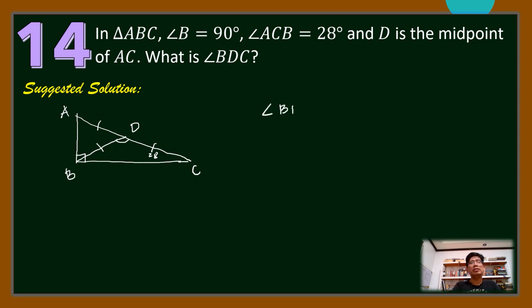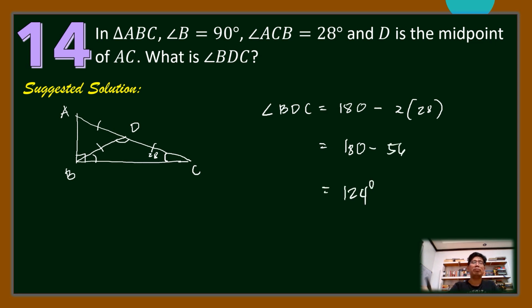Therefore, angle BDC is equal to 180 minus 2 times angle ACB, which is 28 degrees. We multiply 28 degrees by 2 since angle C is congruent to angle DBC. So, angle BDC is equal to 180 minus 56, and this is 124 degrees.